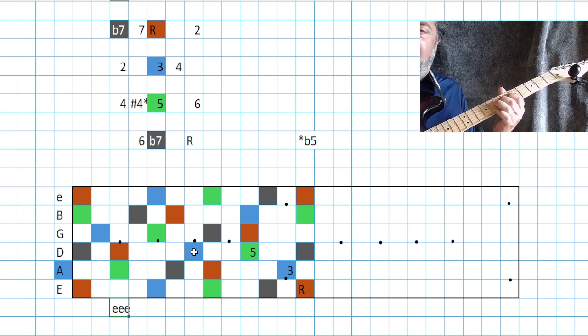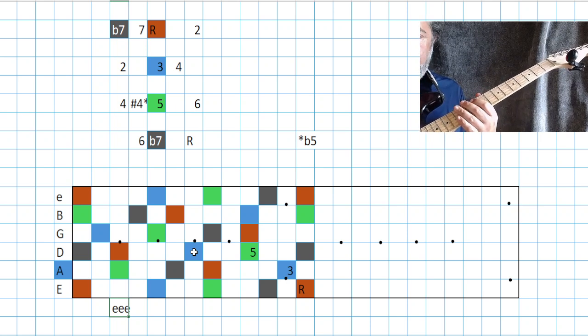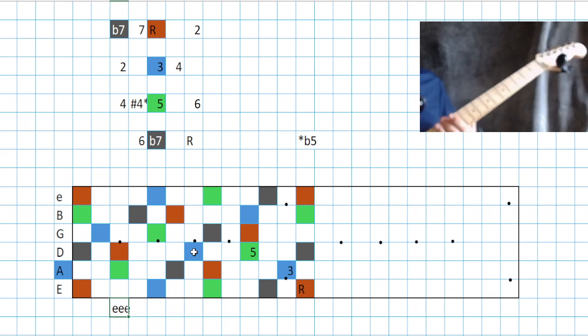But if we play that in this context, let's find a 5. Let's choose this one. We've got a sharp 4, where we just were in between the blue and the 5. Or on the other 5, we've got a 6 just before the flat 7. So you could just do that to know where all your intervals are.